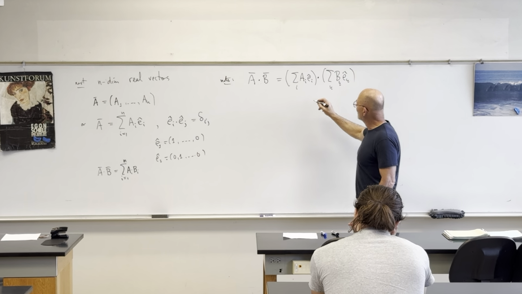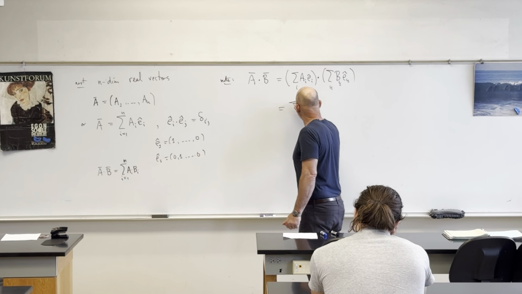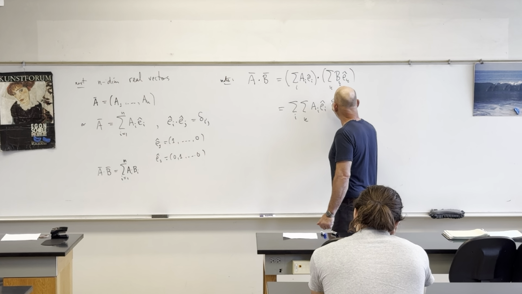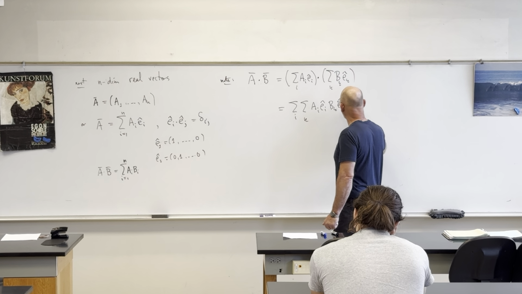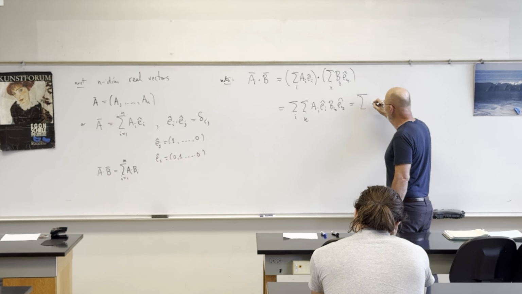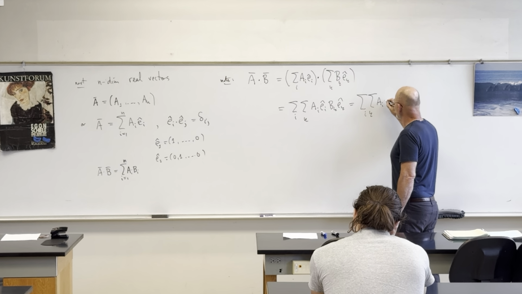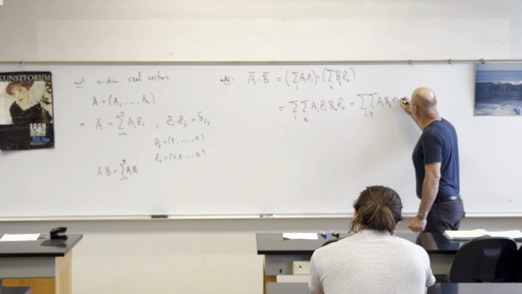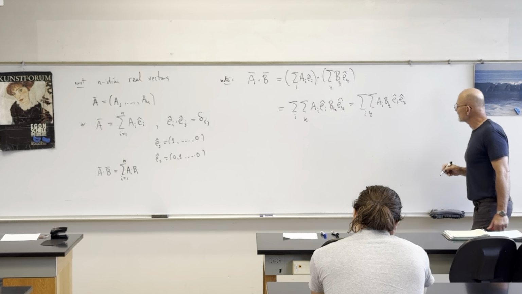And then when you do this double sum over i, sum over k, you get A sub i, e sub i hat, B sub k, e sub k hat. We'll do one more step here: A sub i, B sub k, e sub i hat dotted with e sub k hat.